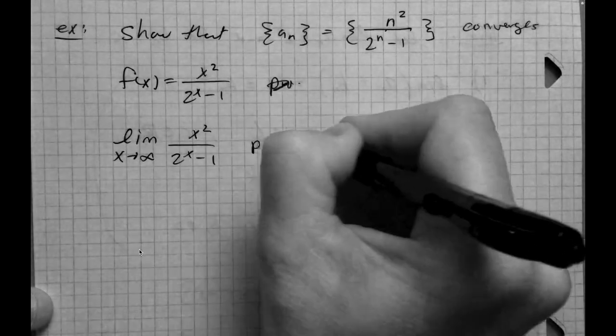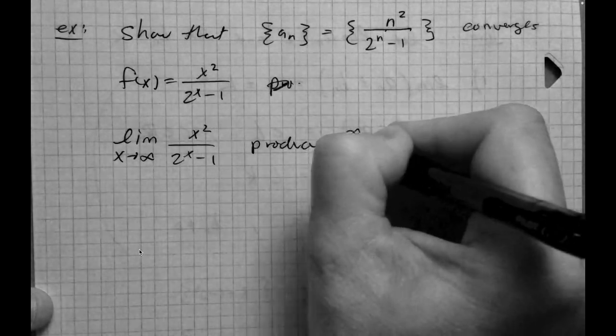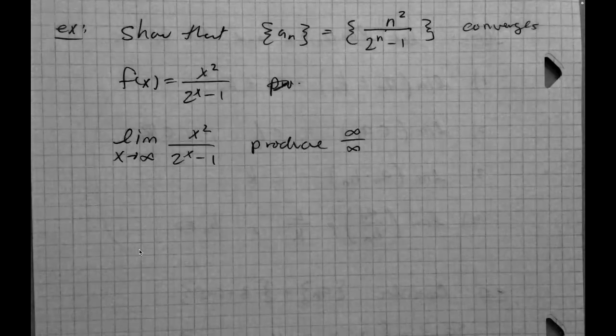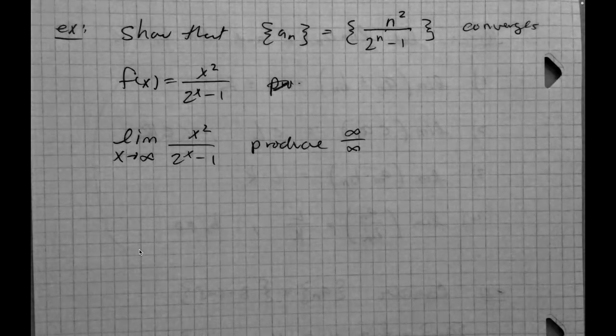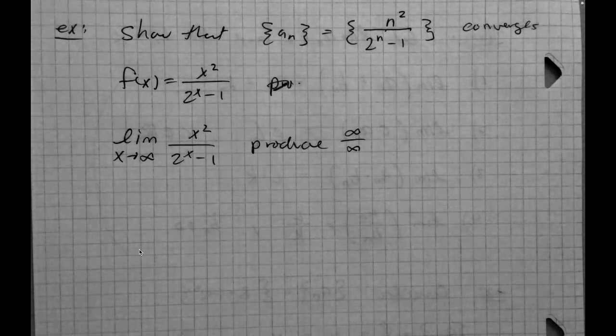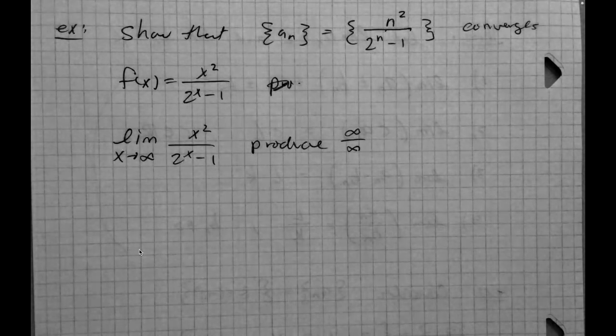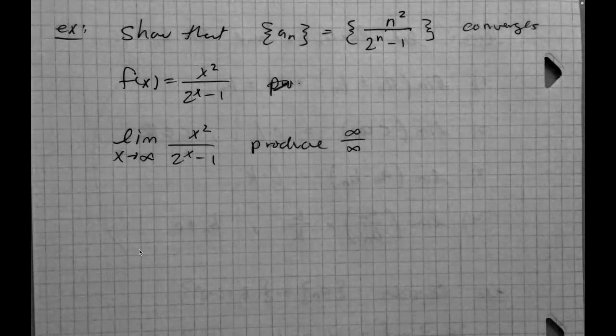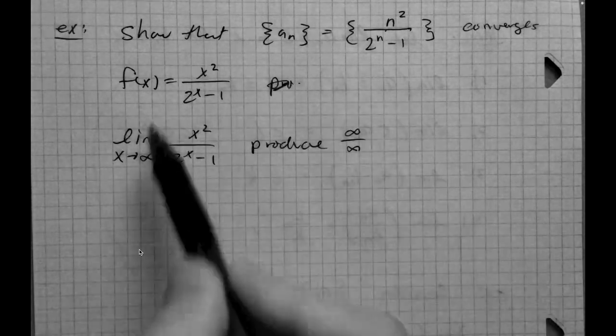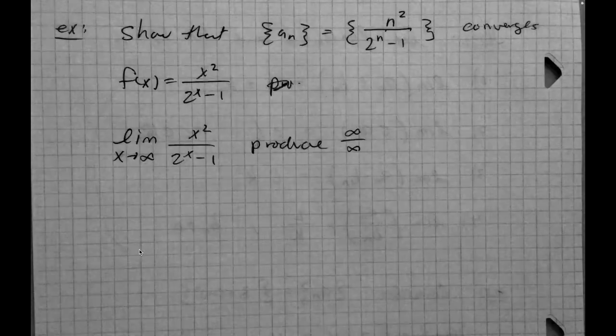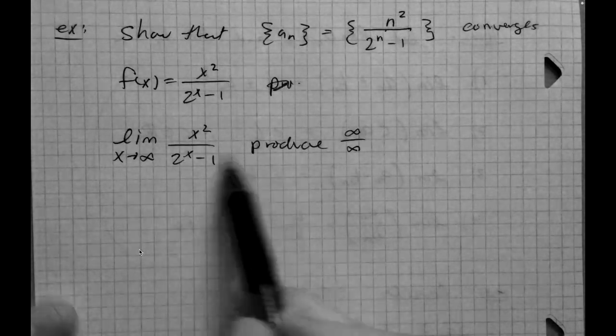This is going to produce infinity over infinity. So this is going to be a case where we're going to use L'Hopital's rule to try to find a limit of the function, and then we're going to fall back on the fact that the sequence is the same as the function at all the positive integer values. So this produces infinity over infinity.